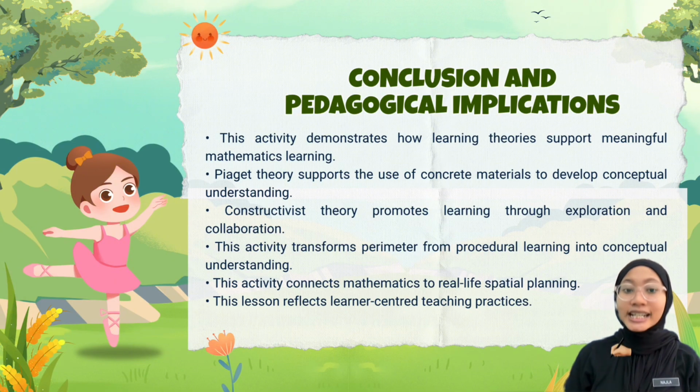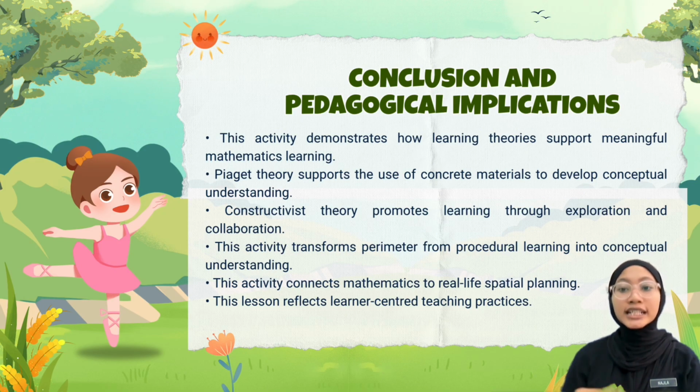In addition, the activity connects mathematics to real-life spatial planning since pupils relate perimeter to room layout design. Finally, this lesson reflects learner-centered teaching practice where pupils actively participate while the teacher acts as a facilitator.